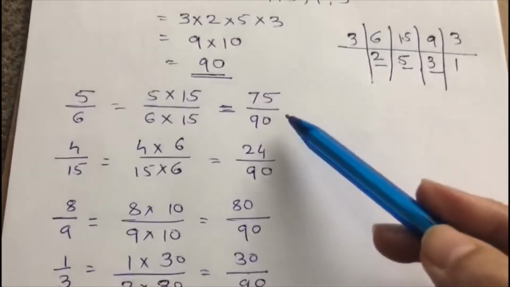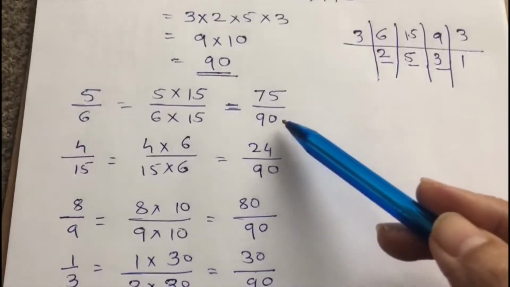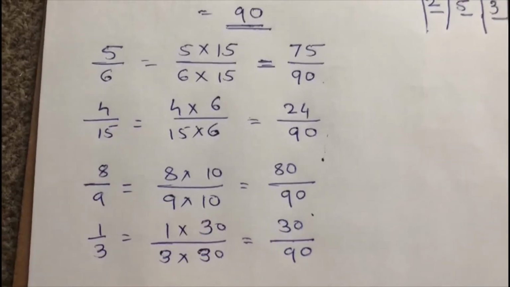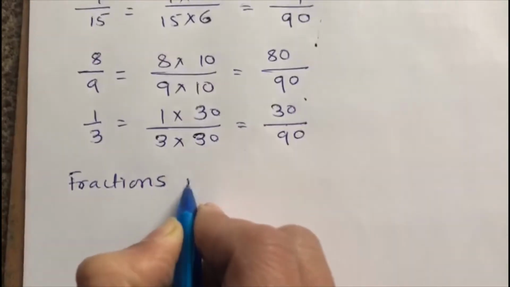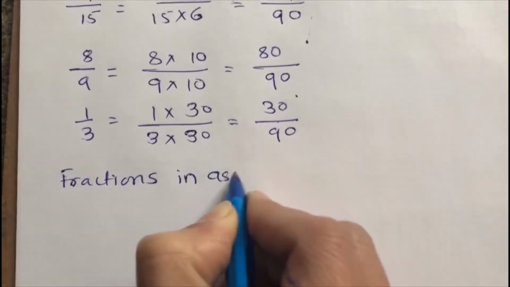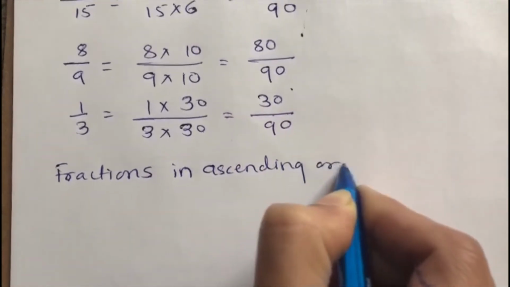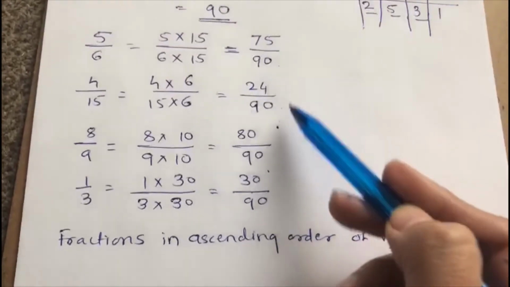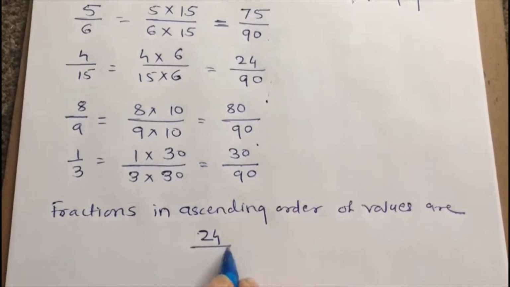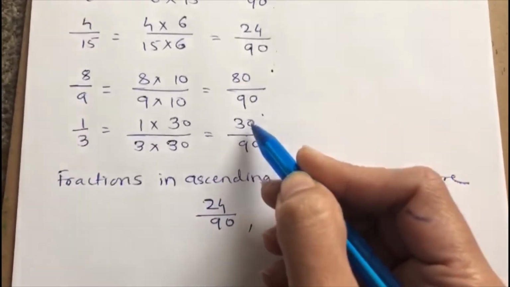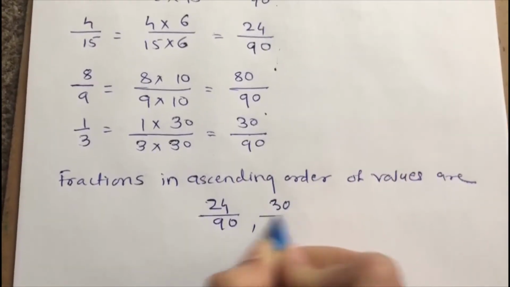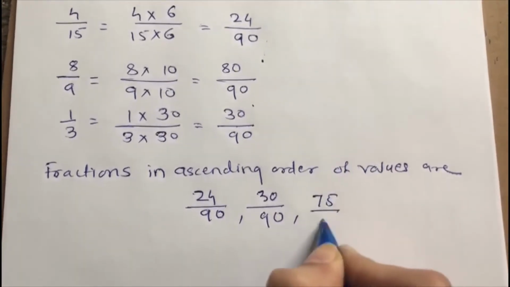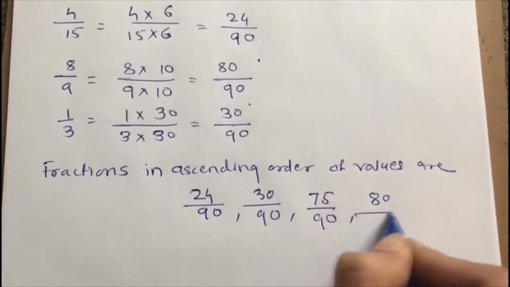Now we have got all these fractions whose denominators are the same, which is 90. That's why the fractions in ascending order of values, as you see here, the smallest one is 24, that means 24 by 90, then 30 by 90, then 75 by 90, and the last one is 80 by 90.